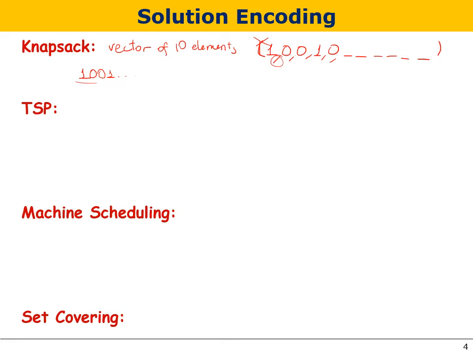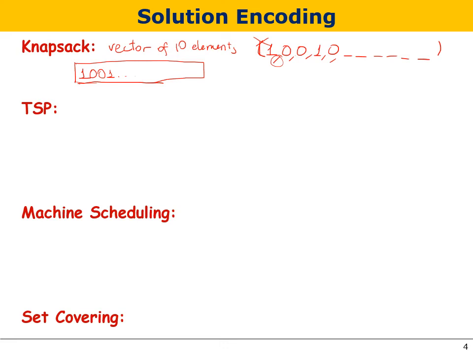You need to keep this representation as small as possible. But as I said, for the knapsack problem, this representation is pretty straightforward, and it's very suitable for finding neighboring solutions, or for mutations and crossovers and all those operators. We will talk about them later on.